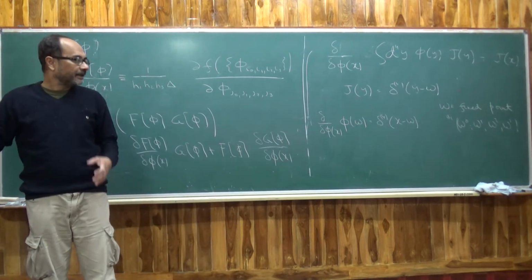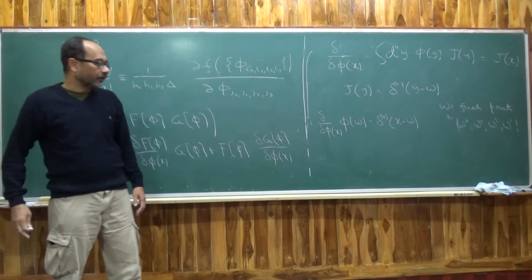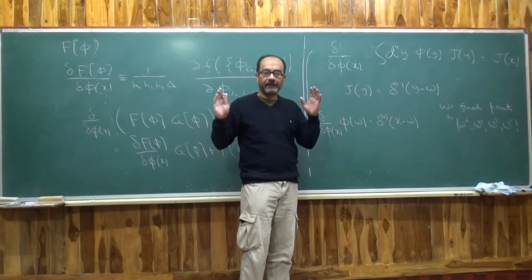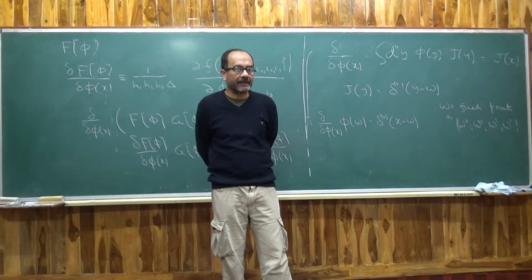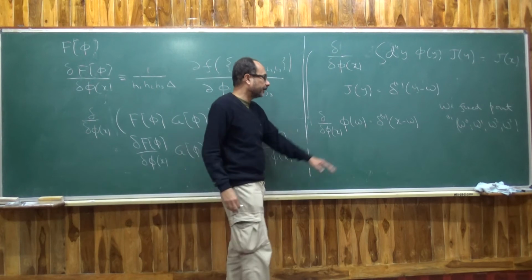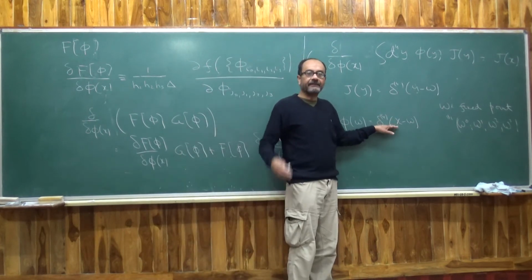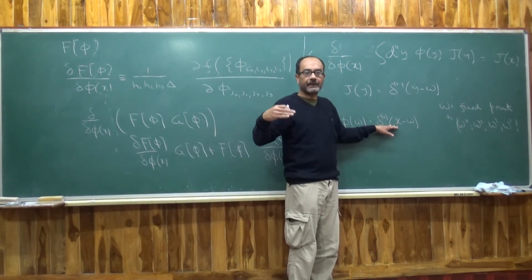Now if you are surprised by this, you can write it again in the component form, and you can see where that factor is disappearing. It is disappearing because the definition of the delta function itself involves that 1 over h1, h2, h3 delta.